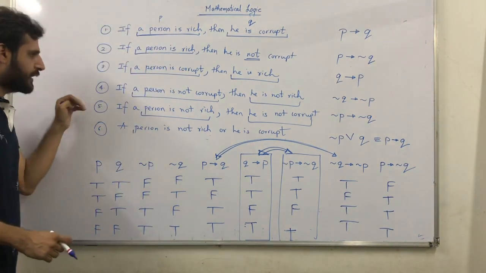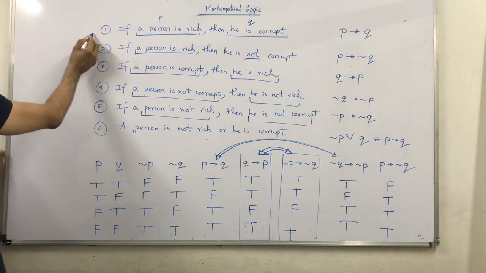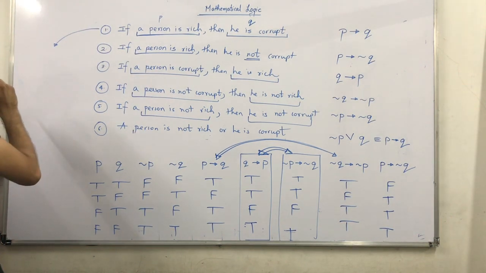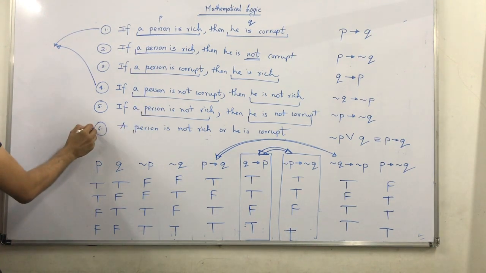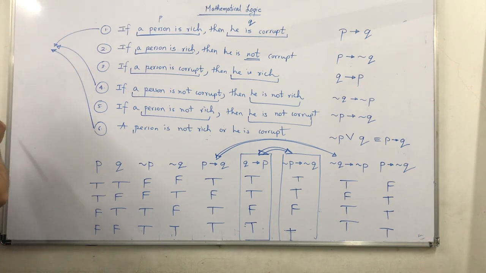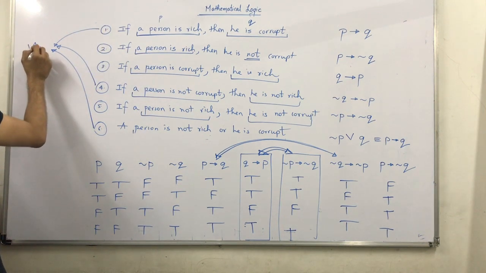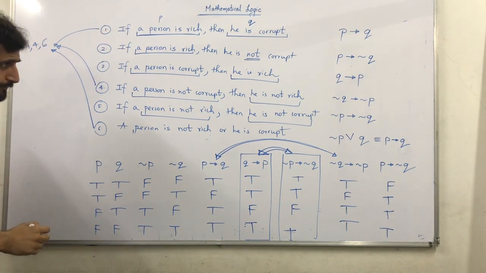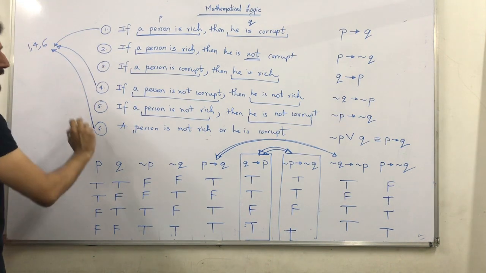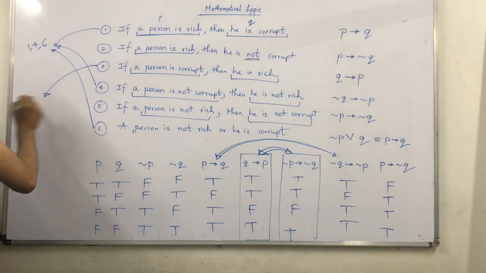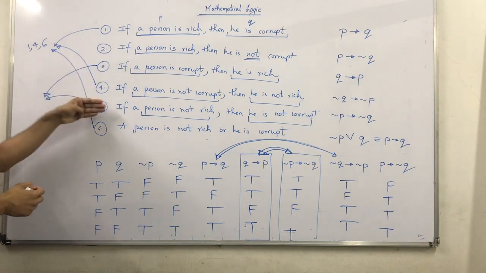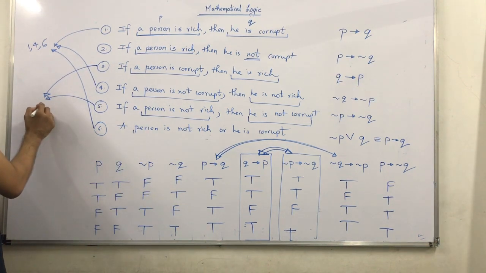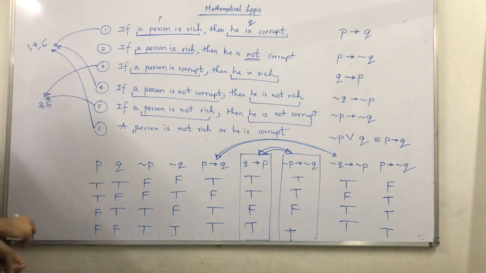So which of these are logically equivalent? P implies Q is logically equivalent to its contrapositive, that is the fourth statement, and negation P or Q, which we proved earlier. So 1, 4 and 6 are logically equivalent. Then 2 is not matching with anybody.